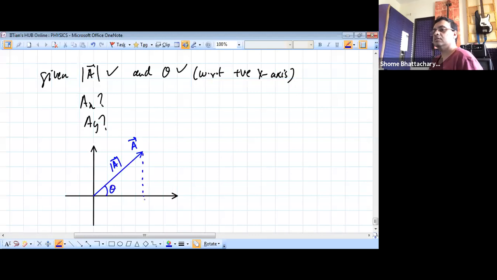And this angle is theta. So you can see that the x component and the y component, it doesn't matter whether we draw it here or we draw it here.